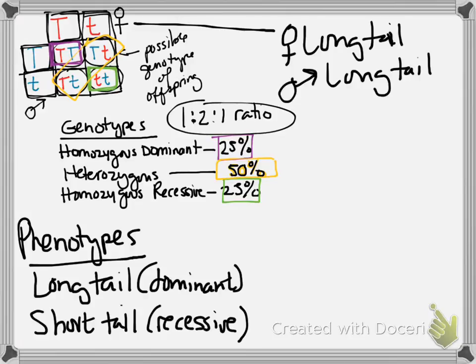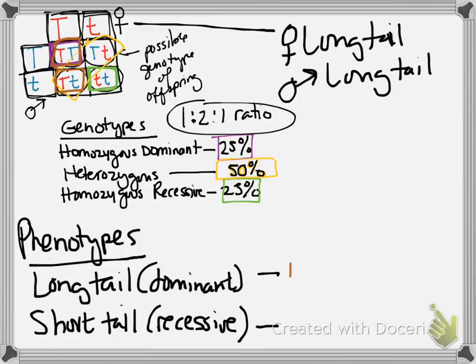And you say, well, what are their offspring going to look like? How many of their offspring are actually going to have a long tail? Is this homozygous dominant individual going to have a long tail? Yes, that's 1. Are these heterozygous individuals going to have long tails? Yes.